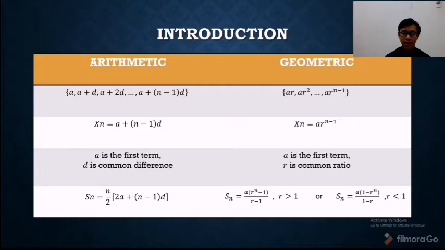If we want to find the sum of the geometric series, we need to use the formula Sn equal to a times r to the power of n minus 1 per r minus 1 if r is greater than 1. However, if r is less than 1, we need to use the formula Sn equal to a times 1 minus r to the power of n per 1 minus r.